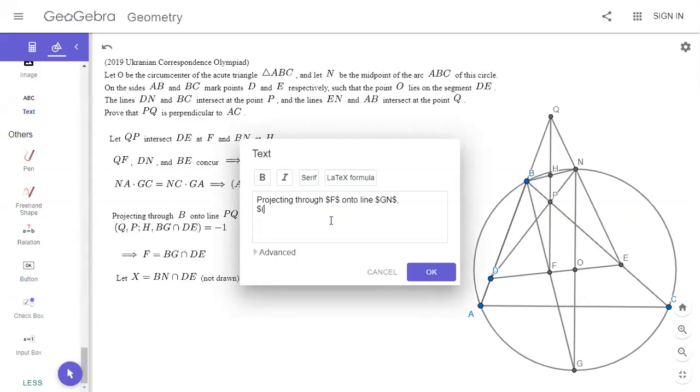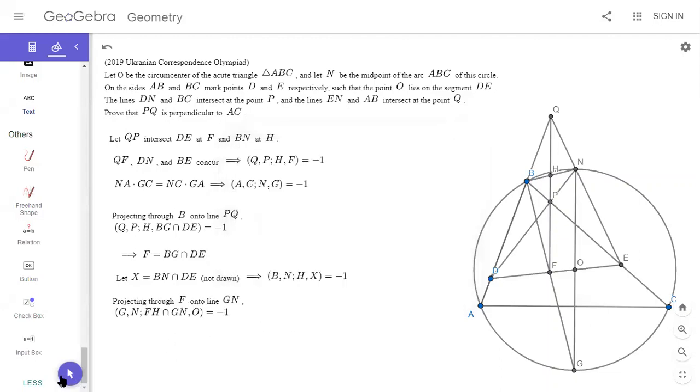And then we have G, N, and FH intersect GN, and O is in harmonic conjugation.